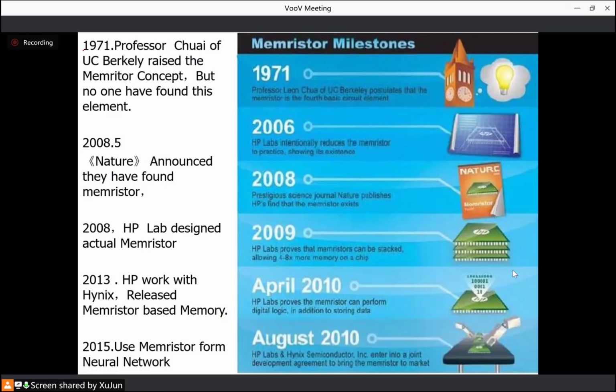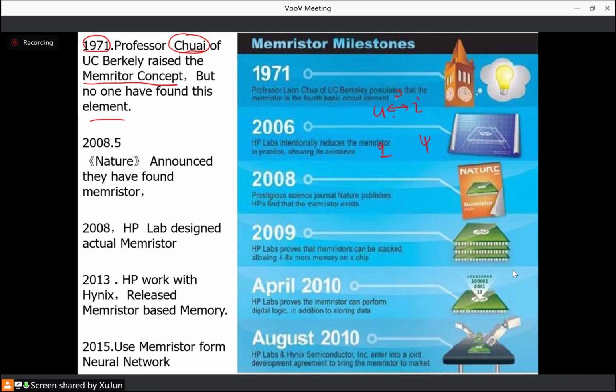In 1971, Professor Chua of UC Berkeley, who comes from Taiwan, Chinese Taiwan, and worked at UC Berkeley, raised the memristor concept, but no one had really found this element. It's just from the U-I relation, the Q, psi relation.